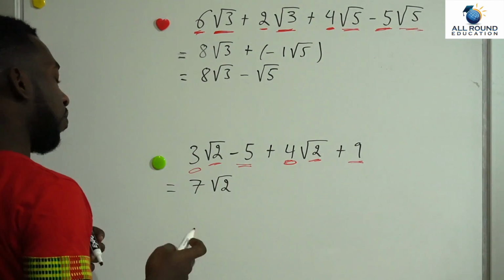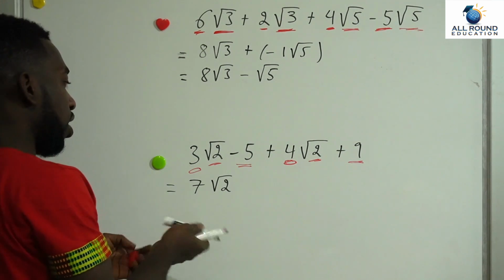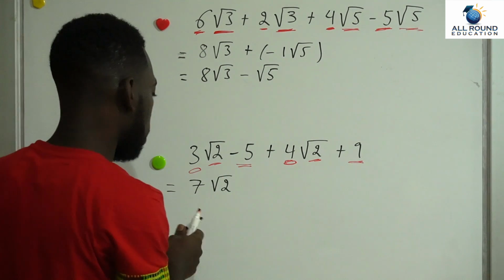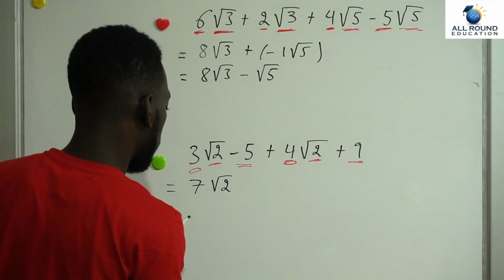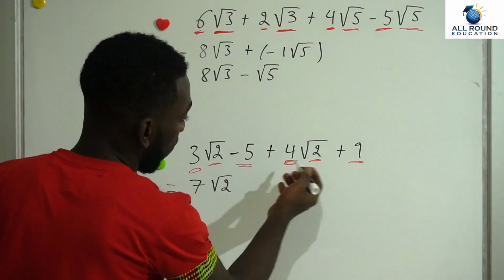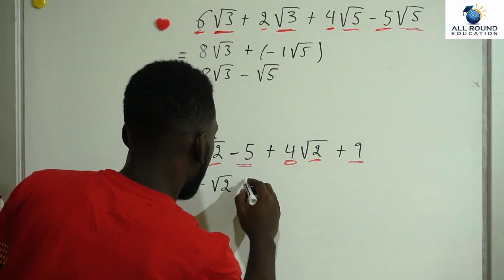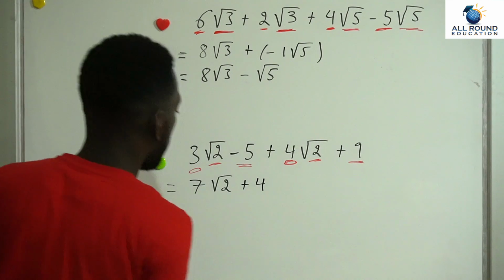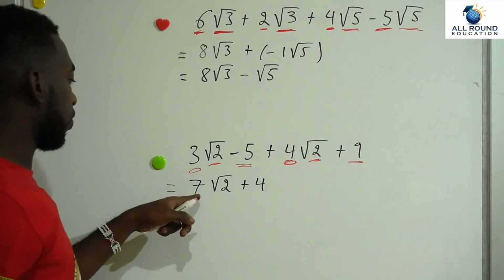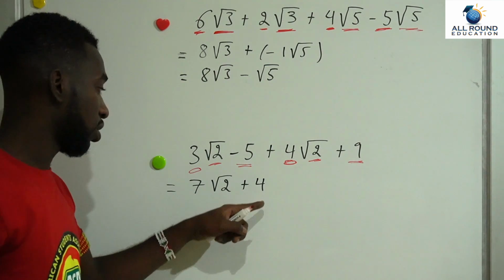Here they're normal integers, so we can add or subtract them as we want. Negative 5 plus 9 is positive 4. So what you then have is 7 square root of 2 plus 4.